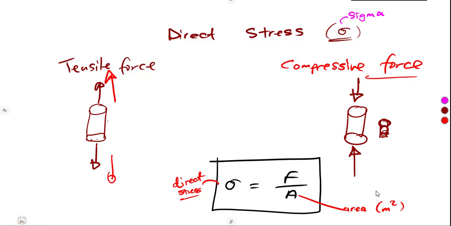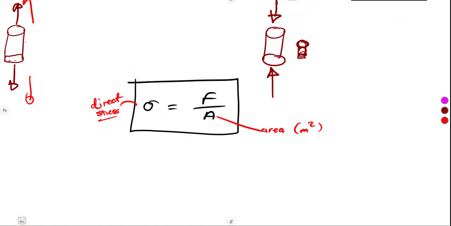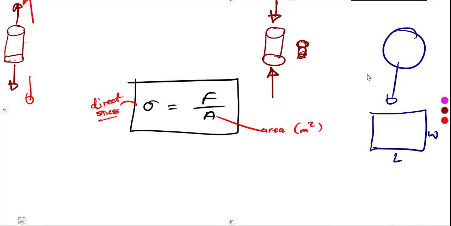So calculations of the areas depend on the body that you are given where the force is being applied. The force can be applied on a rectangular body. So consider length times width, area. It can be applied on a circular body.